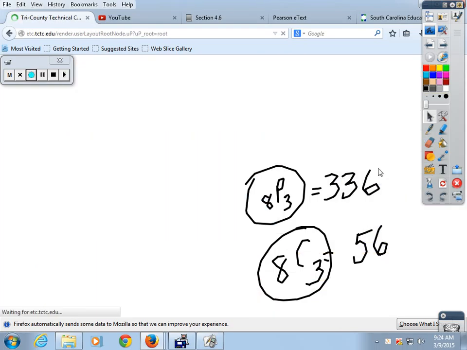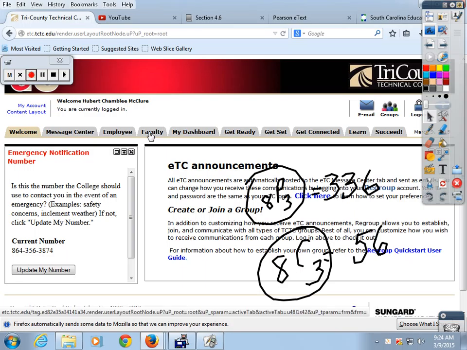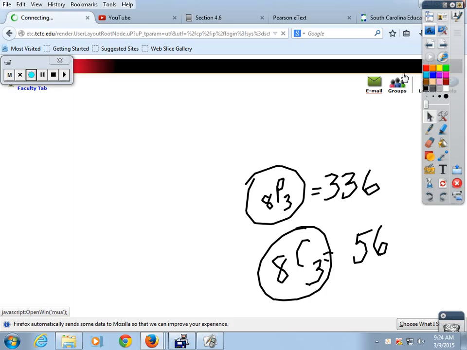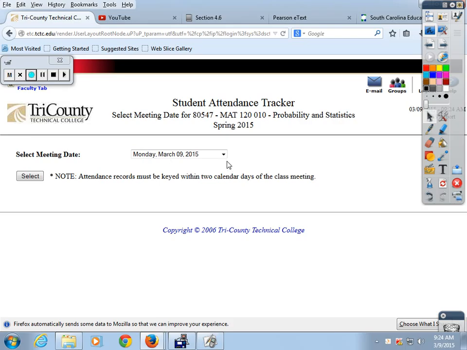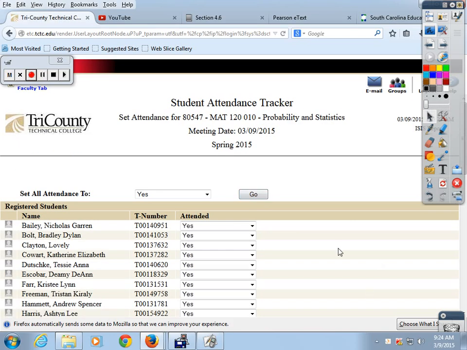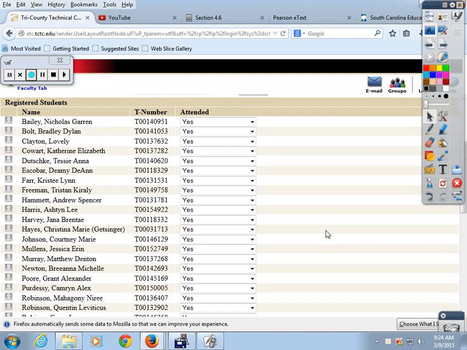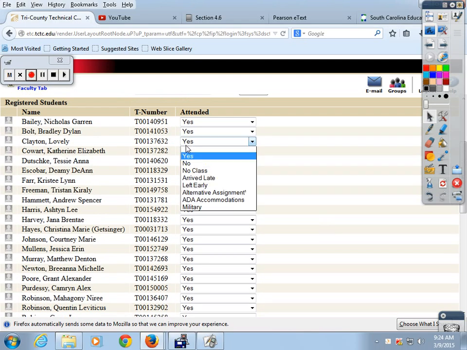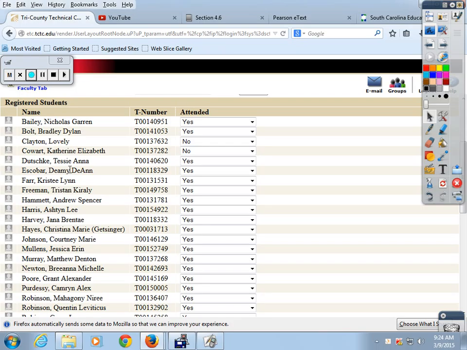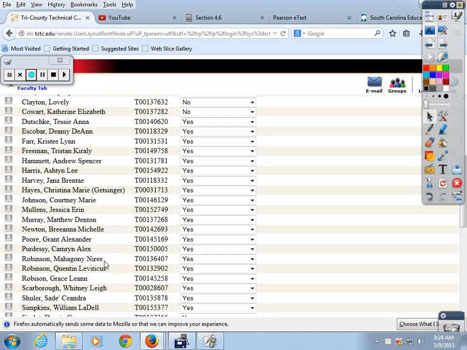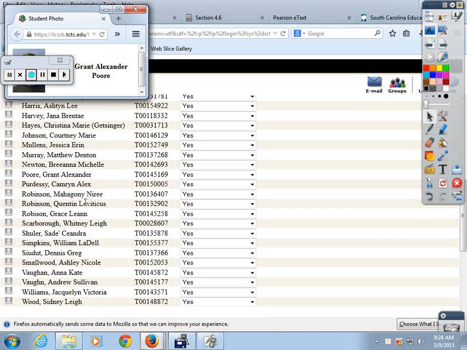We had to change our password. That's why I didn't remember it. Bailey, Bolt, Clayton, Cowart, Dutchke's here, Escobar, Barr, Freeman, Hammett, Harris, Harvey, Hayes, Johnson, Mullins, Murray's here, Newton, Poor.